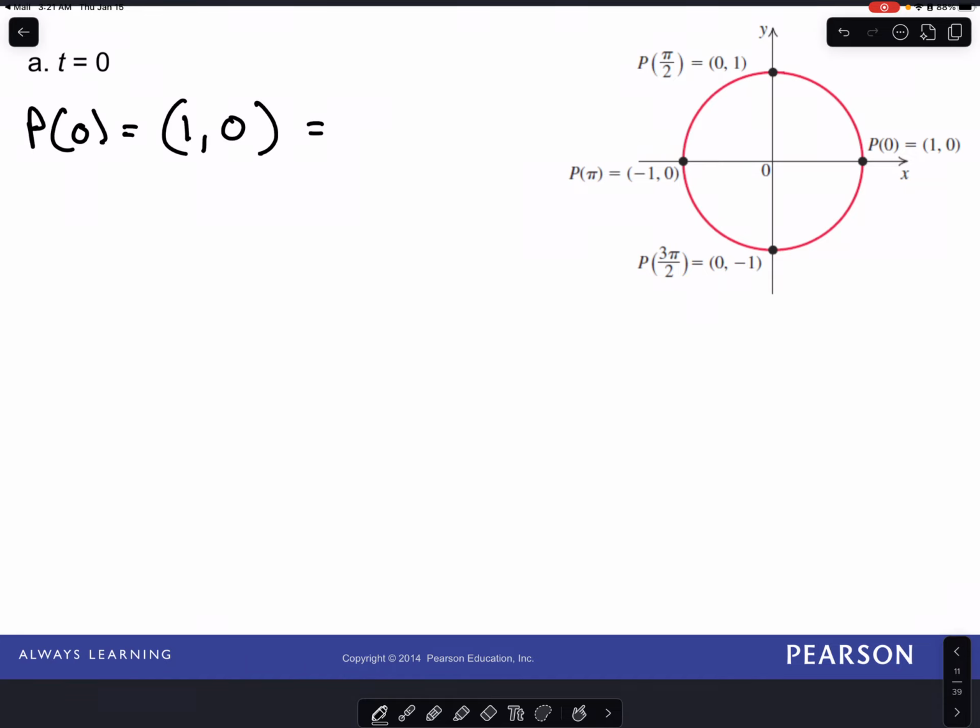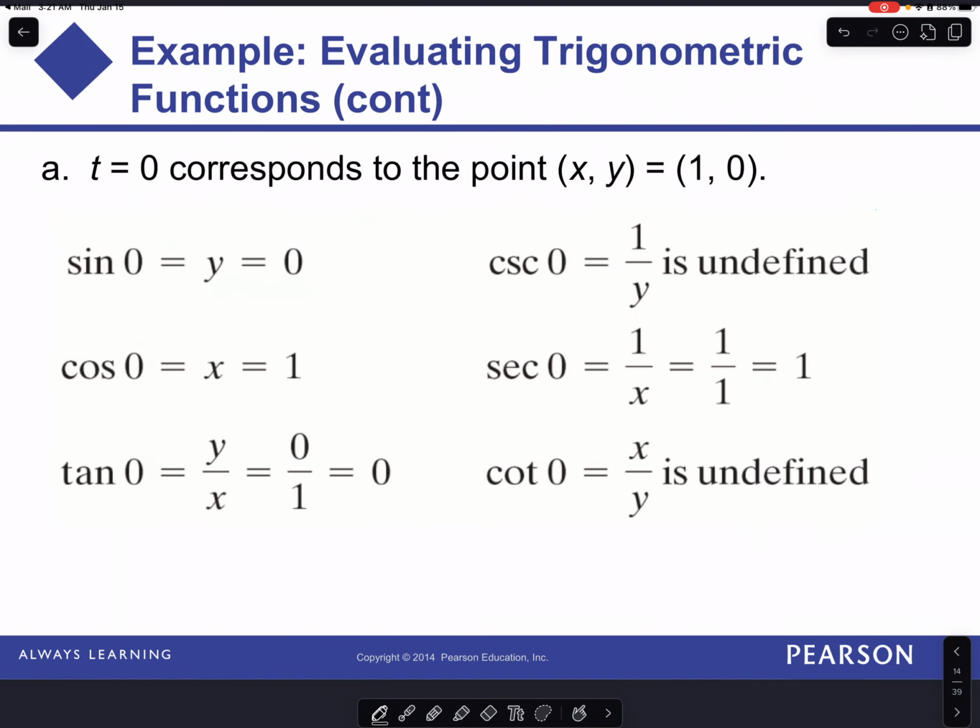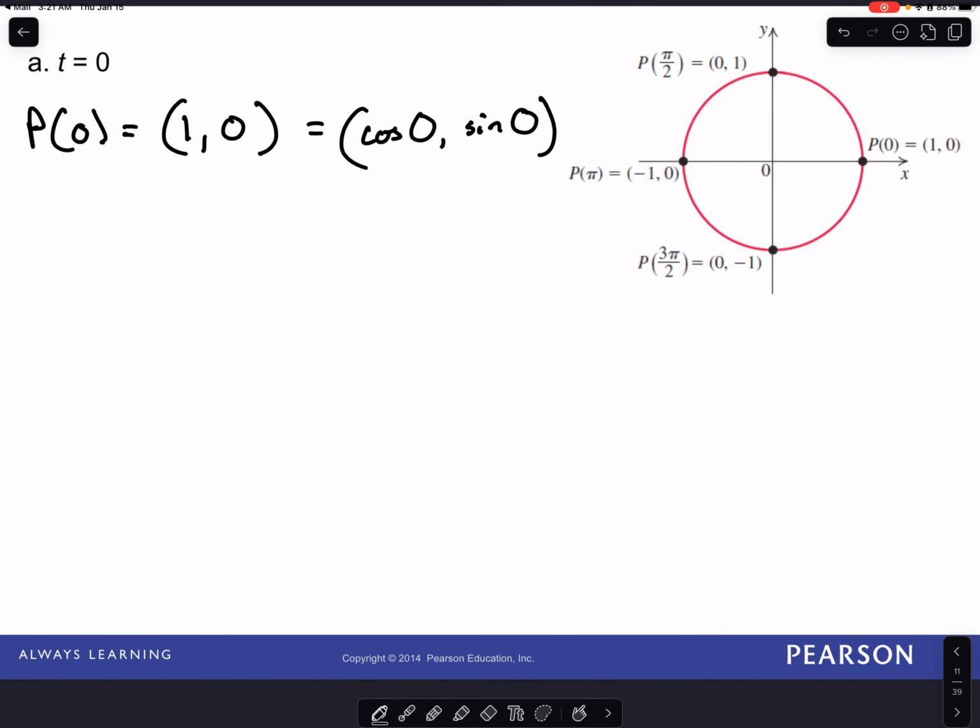That's going to be our cosine of 0 and our sine of 0. So if we want the 6 trig functions, for instance, the sine of 0 is going to be 0, right?